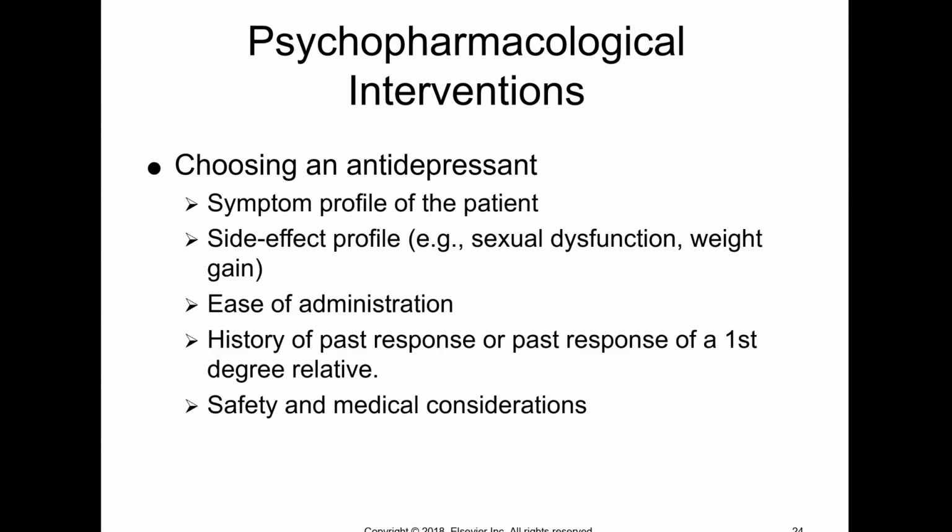If the patient struggles with anxiety as well as depression, we may look at medications such as paroxetine, sertraline, citalopram. Those are all SSRIs. We may look at venlafaxine, which is an SNRI. Those medications are going to help with anxiety as well as depression.